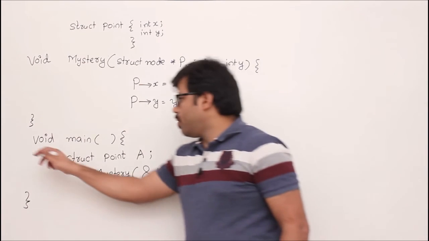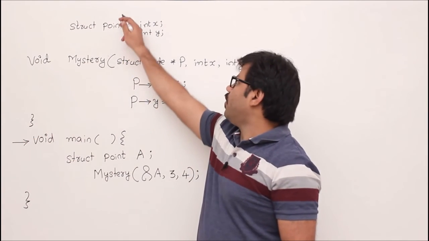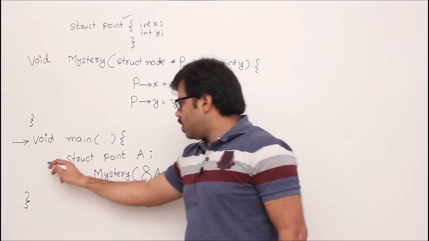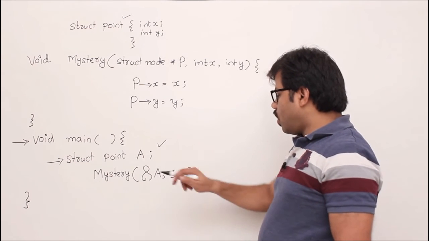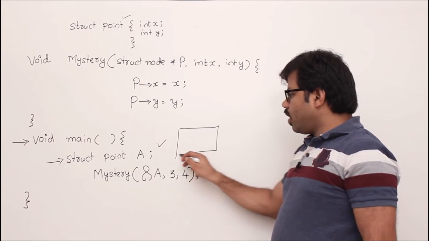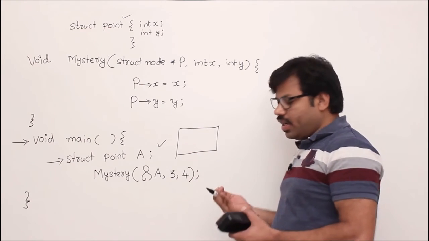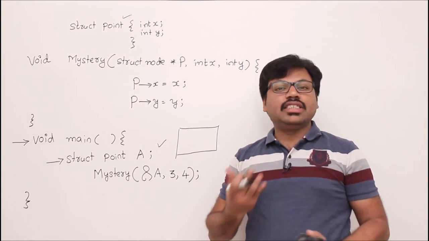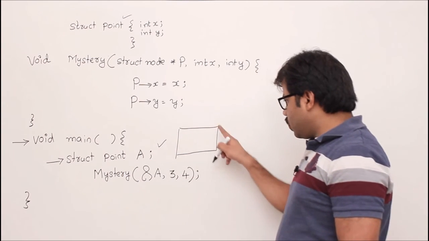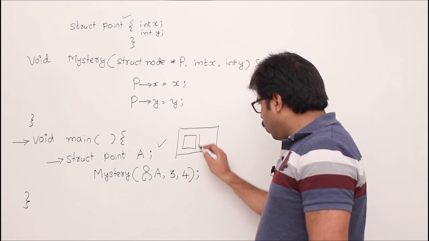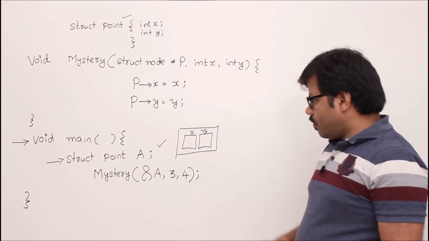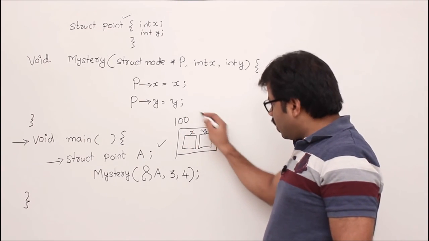Let me execute this program directly, and already I am assuming that we have a struct point with data types int x, int y. Now struct point A. One good thing is, initially when you are learning programming, just represent every data as a box so that it will be easy for you to understand the flow. So we have struct point A, one memory box will be created, and there are two variables inside it, one is X, one is Y. Now let's assume that this entire box address is 100.